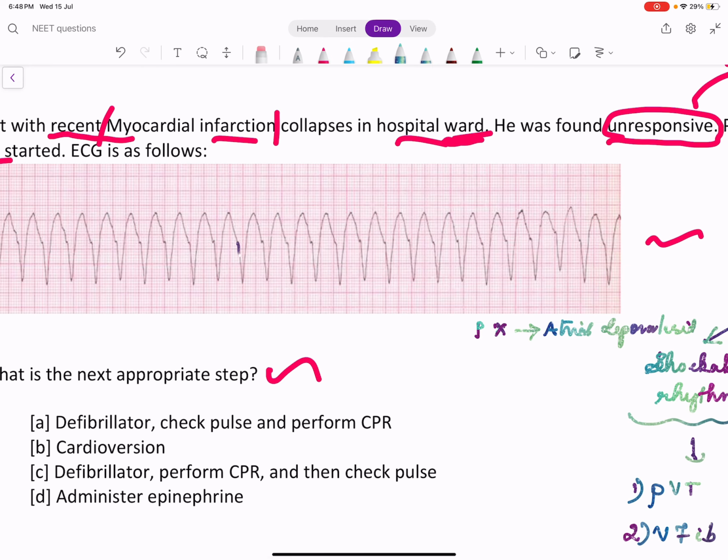We are able to see only one wave, right? There is only one wave here and this is definitely wide. As we discussed in one of our cases, when the wave is wide it means it is more than 3 small squares.